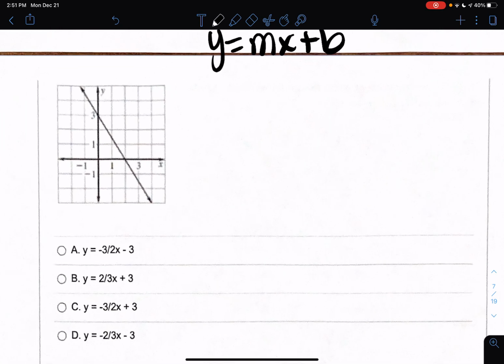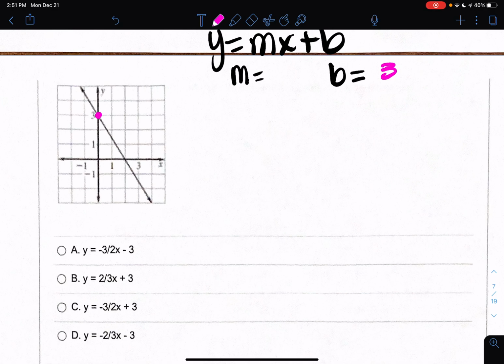Looking at our graph, we have to identify the slope and our y-intercept. I'm going to start off with my y-intercept just because I have that visually a little bit easier. It's wherever the line crosses the y-axis, and it crosses the y-axis at 3. So my y-intercept is 3.